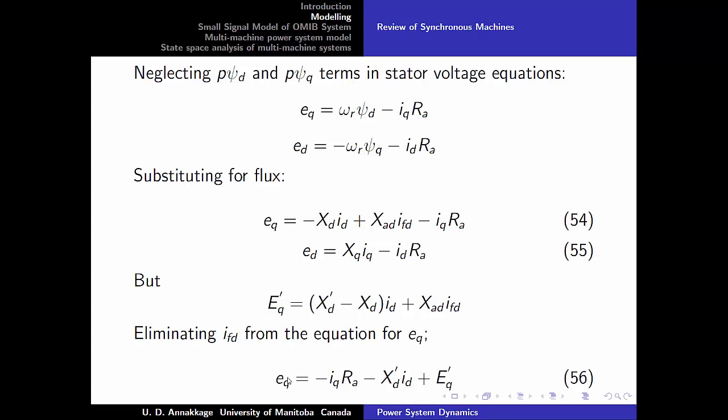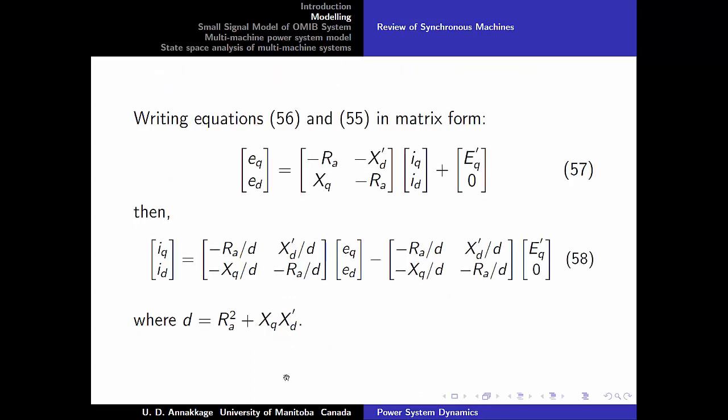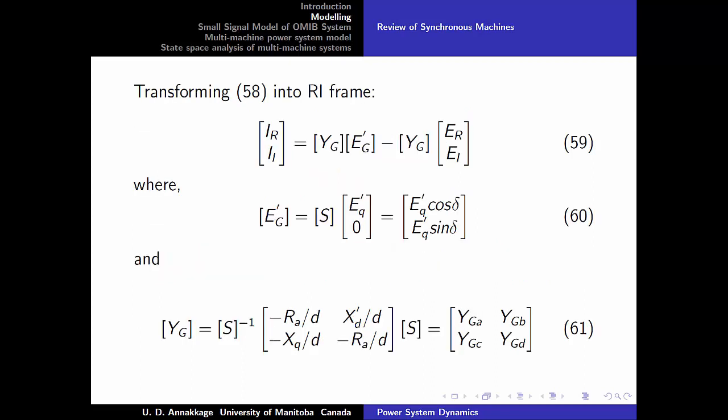Then after some mathematical manipulations, we can obtain the relationship between DQ voltages, DQ currents and the field flux, as in equations 57 and 58. Then transforming this into the real and imaginary frame of reference, we obtain equation 59.